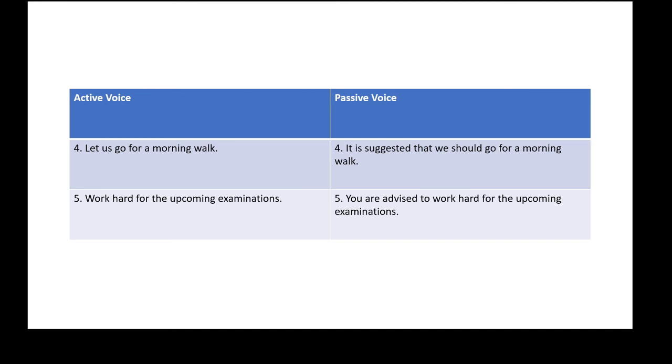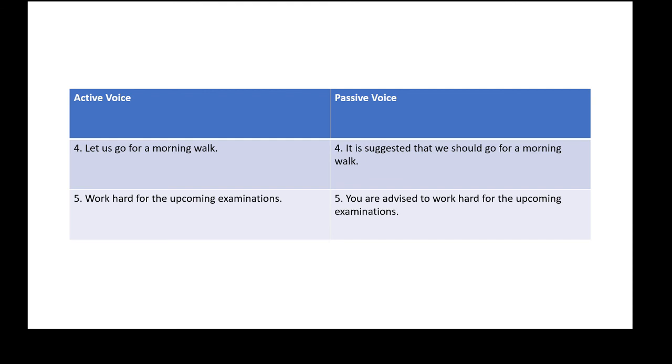So dear students, today in this lecture we have come across the transformation of imperative sentences from active voice to passive voice. We saw the first variety, that is, the imperative sentence beginning with a verb and ending with a full stop.